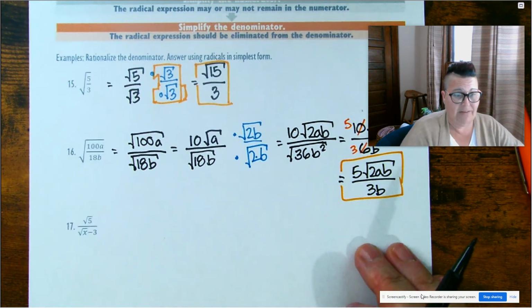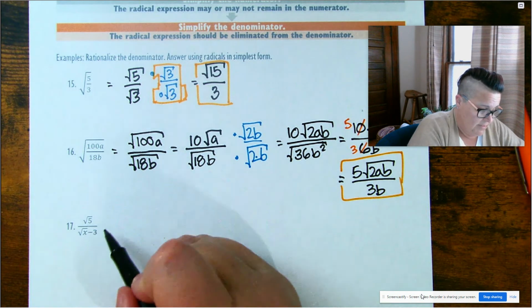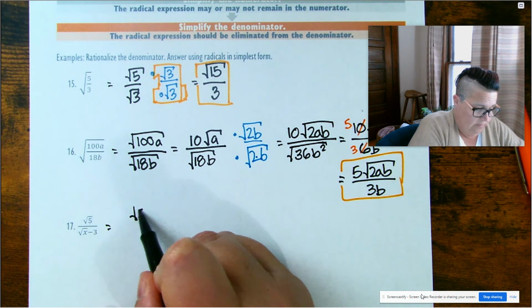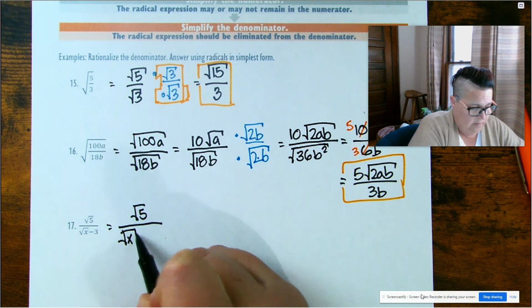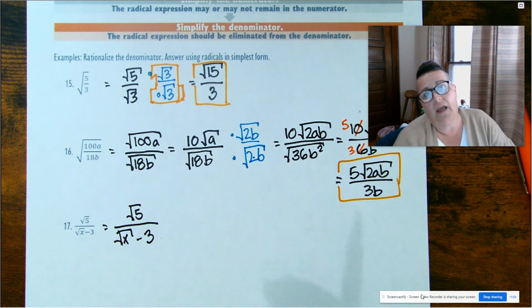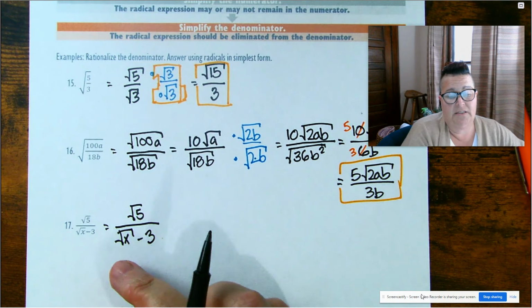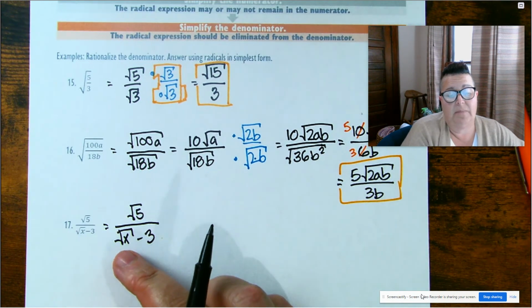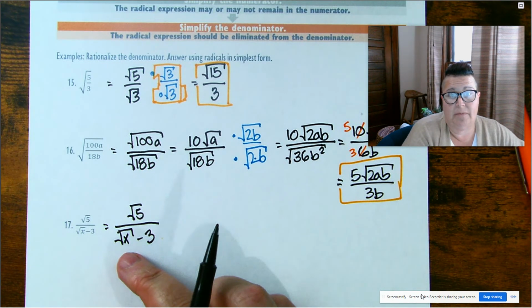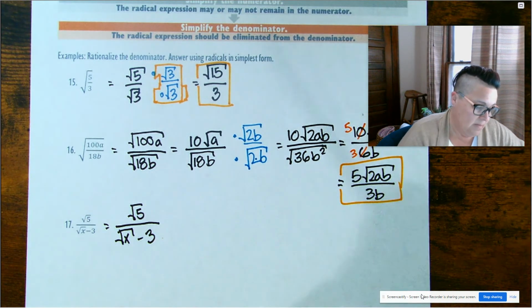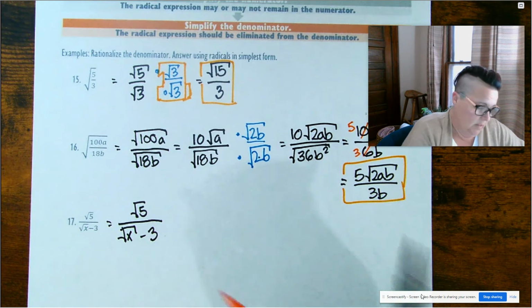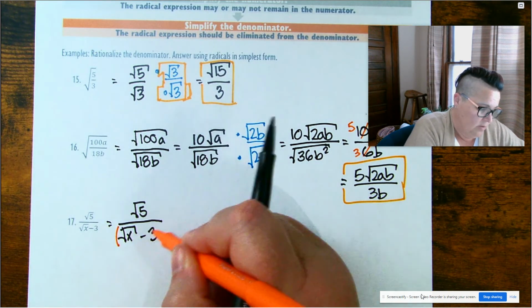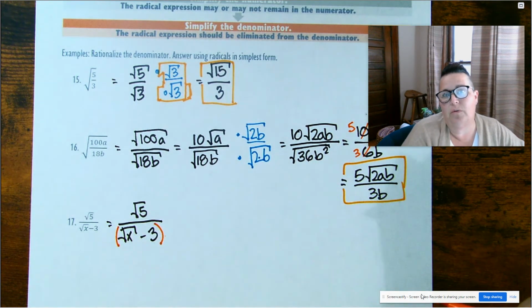Let's try number 17. Now, number 17 is the square root of 5 over the square root of x minus 3. I need to eliminate the square root of x because I cannot have a square root in the denominator. This one is a rough one. The trick here is to think of this as a binomial and to remember our factors from before.